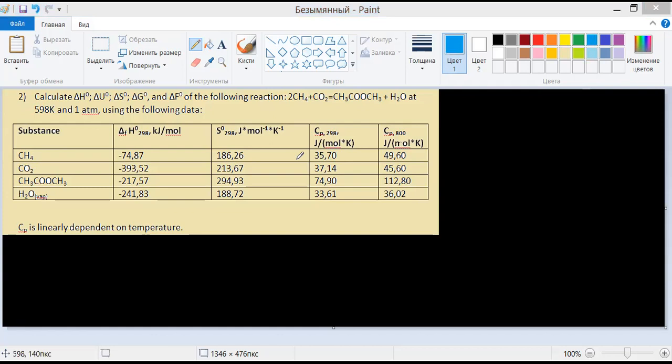So first of all, let's use Hess's law in order to calculate the change in enthalpy of the reaction at temperature 298.